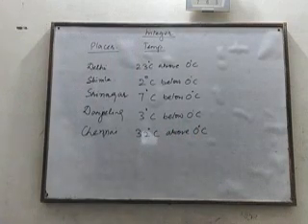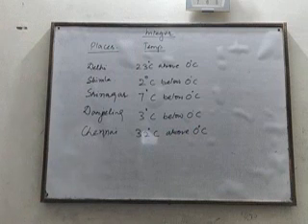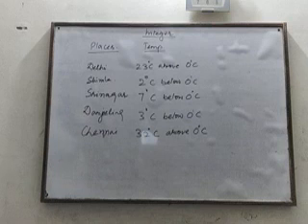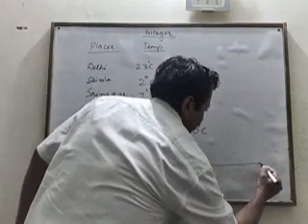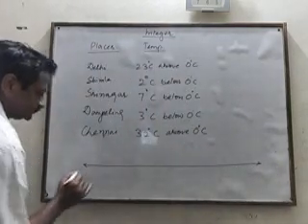So how will we represent these temperatures on the number line? We can make one number line like this. We have made the number line.